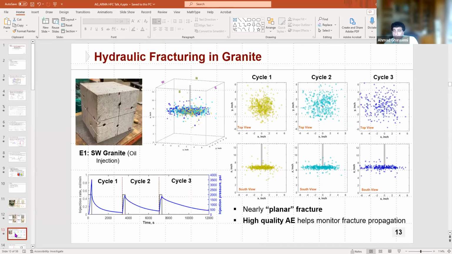And just to show you a sample of the workflow and the results that we obtained, we are showing the Sierra white granite here with oil injection. And our target was to control fracture propagation and prevent it from extending rapidly to the edge of the block.